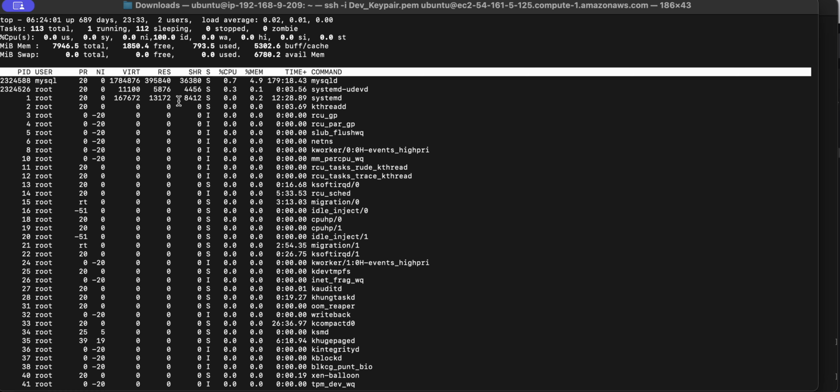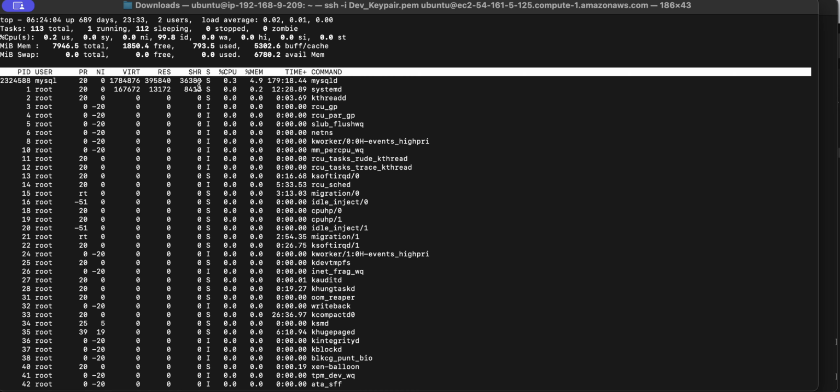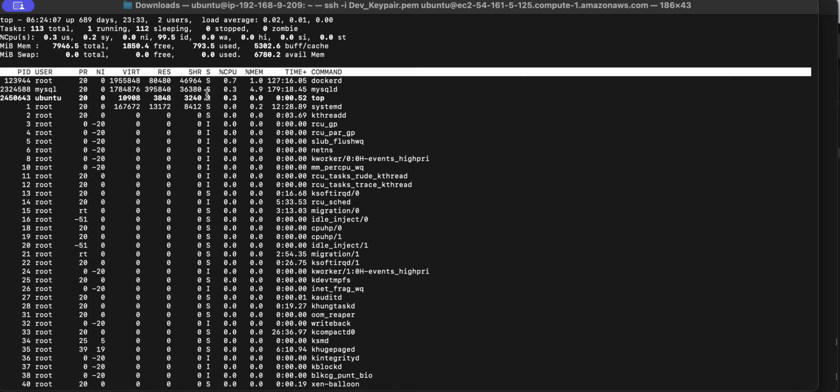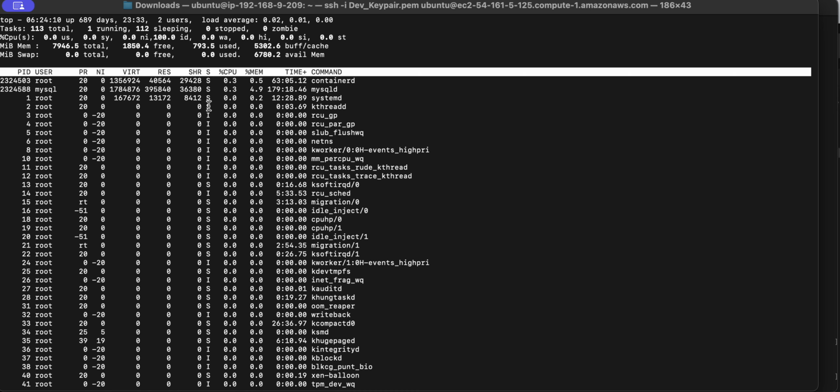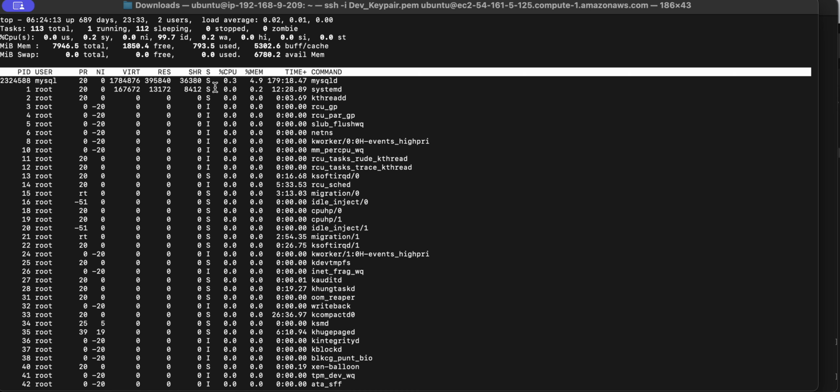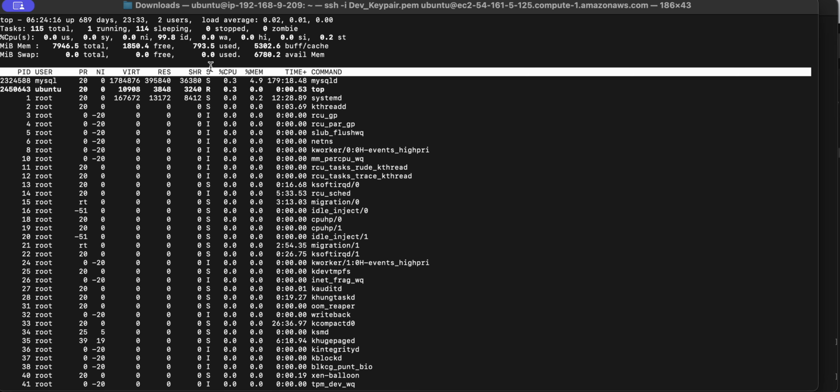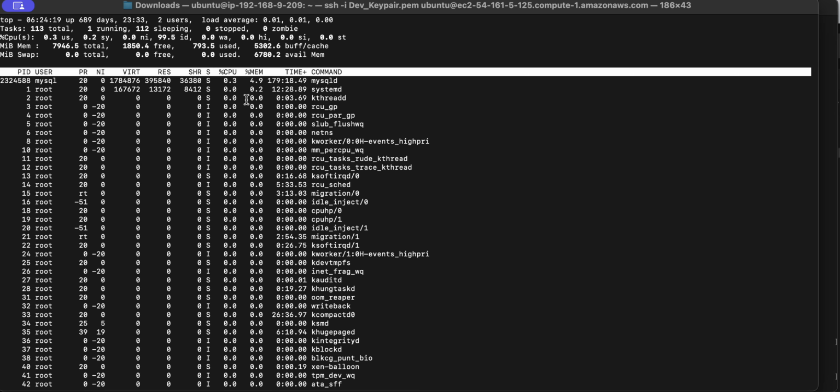These are the process states. State is the current state of this process.